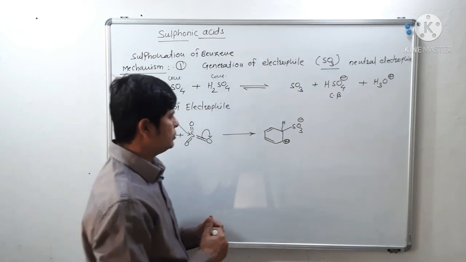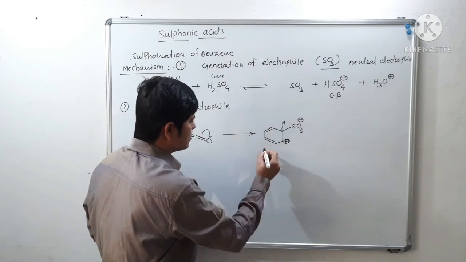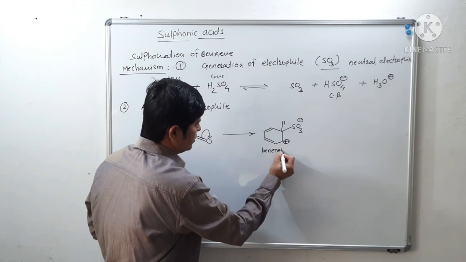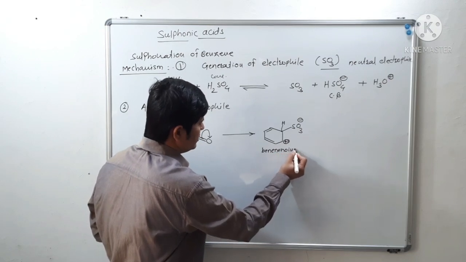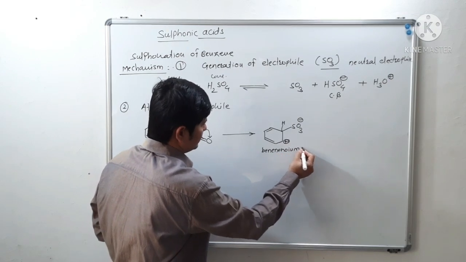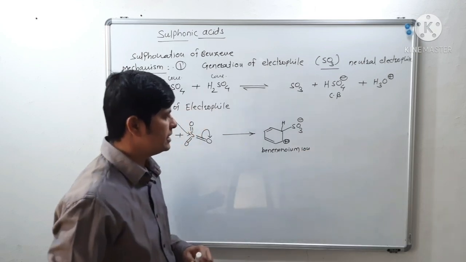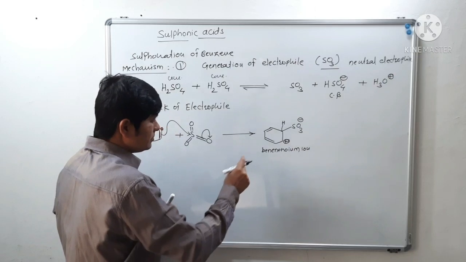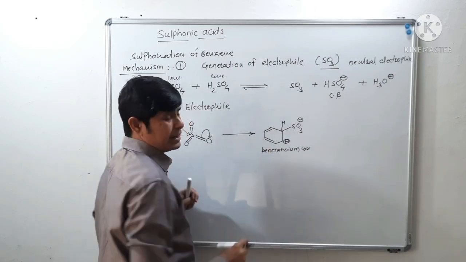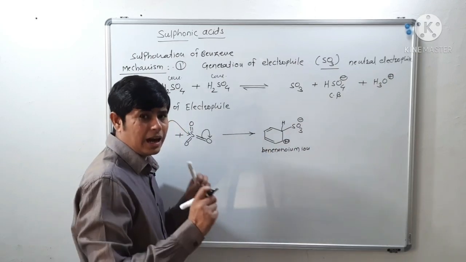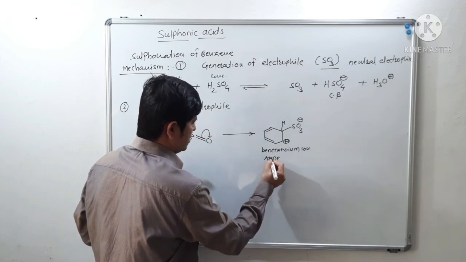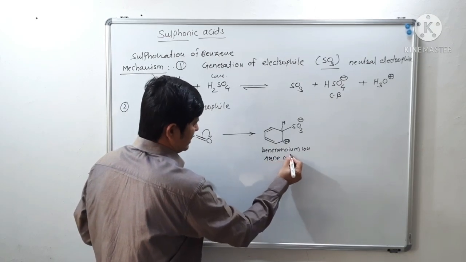This intermediate is called benzenonium ion. It is also called an arene intermediate, or arene carbocation.